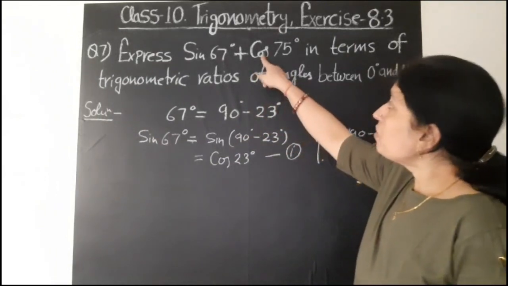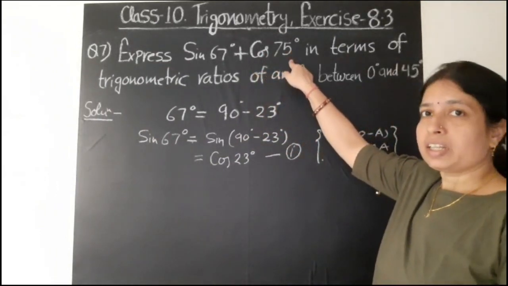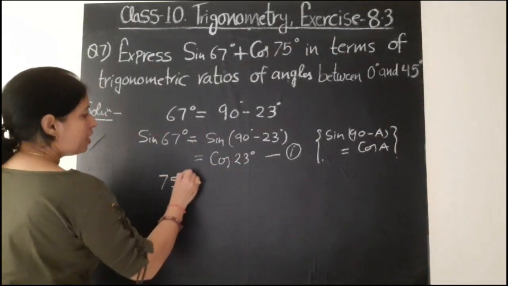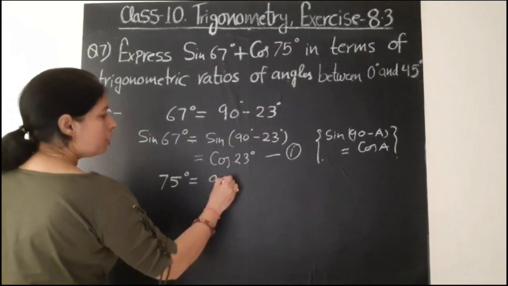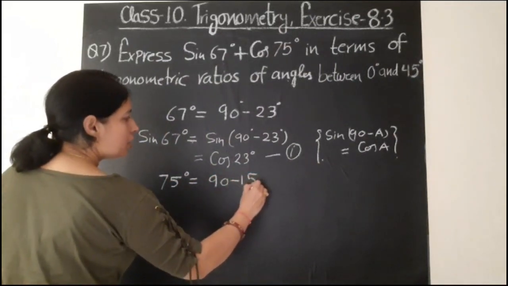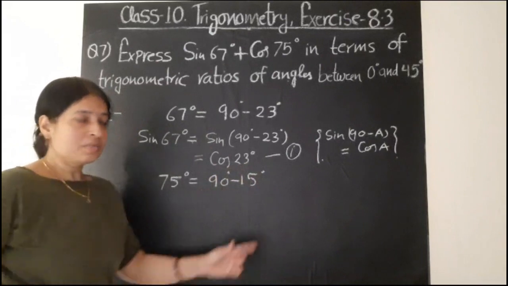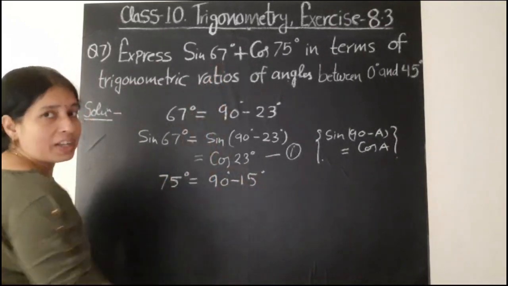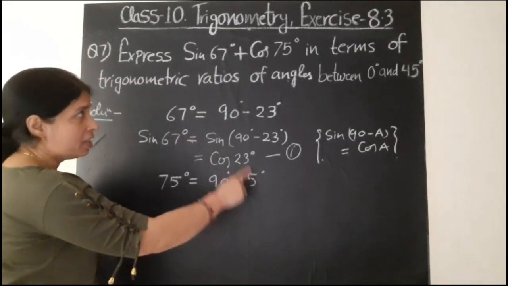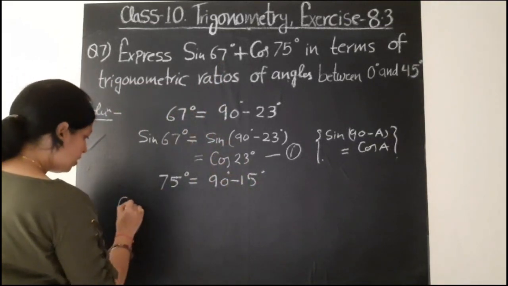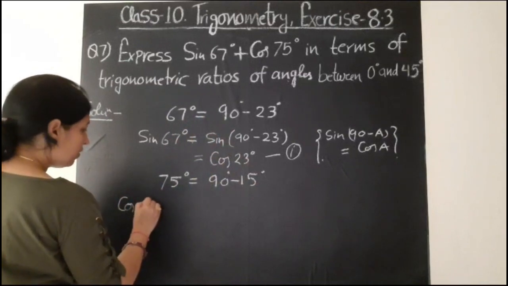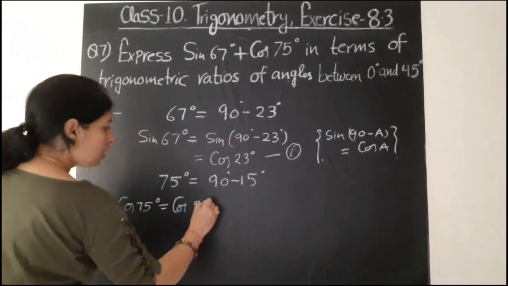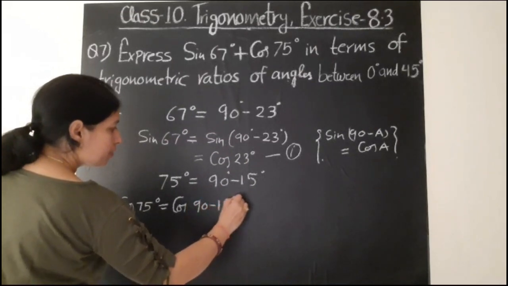Okay. So second one is cos 75 degree. So for 75 degree we can write 75 degree is equal to 90 minus 15. If you subtract 15 from 90 you will get 75. So in place of 75 we can write 90 minus 15. So cos 75 degree is equal to cos 90 minus 15.